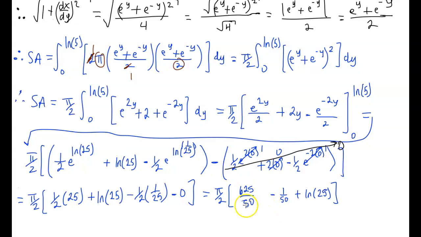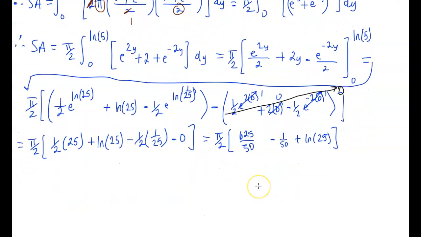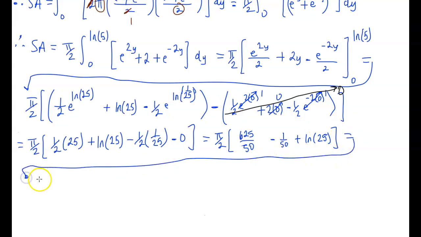And of course, 625 divided by 50 minus 1 divided by 50 is going to give me 624 divided by 50. And so we'll go ahead and write that in the next step. So this is 624 divided by 50 plus natural log of 25. And we'll go ahead and put the pi over 2 on the outside here.